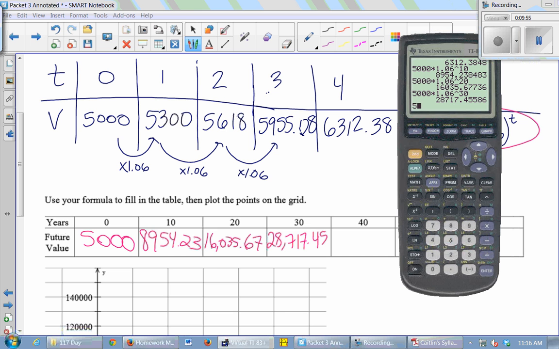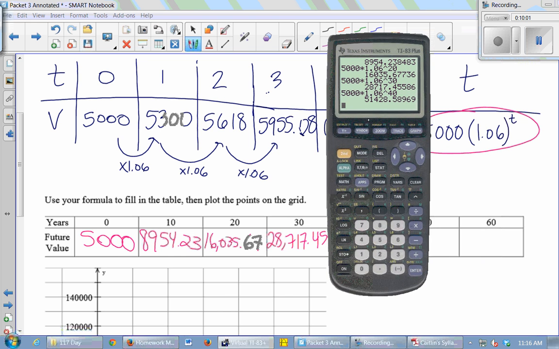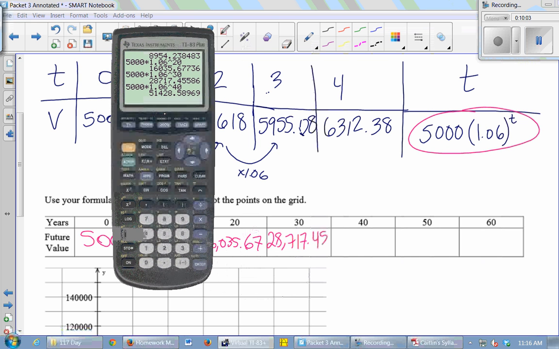After 40 years, 5,000 times 1.06 to the 40th. $51,000.